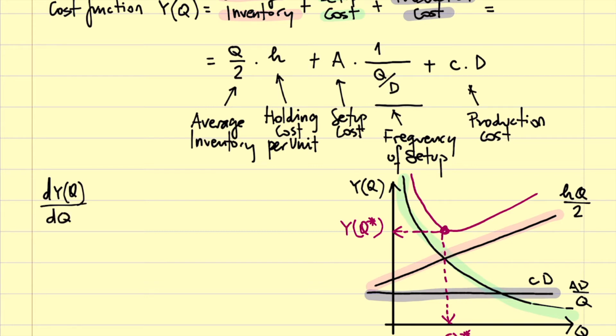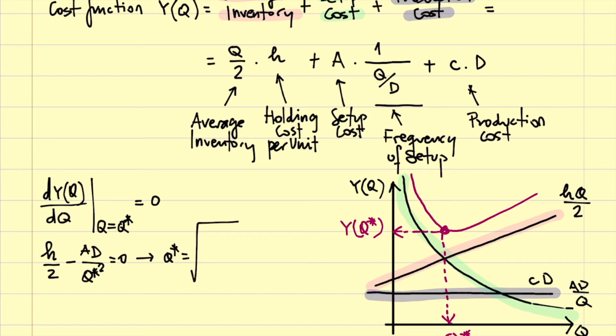Either we set the first derivative of epsilon in Q star to 0, which leads us to H divided by 2 minus AD divided by Q star squared equals 0, which yields Q star equals the square root of 2 times AD divided by H.